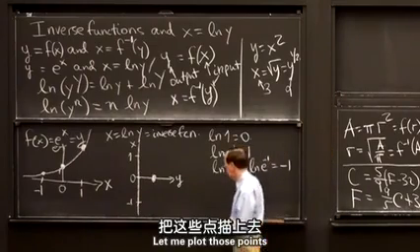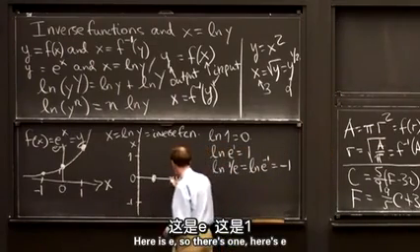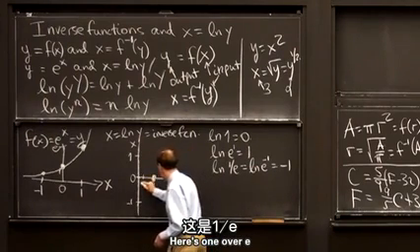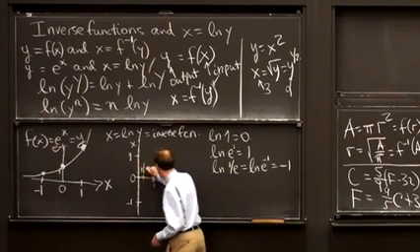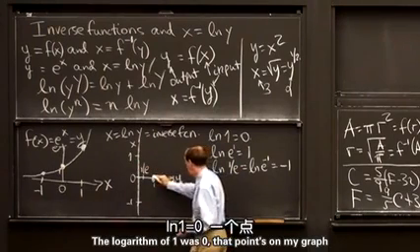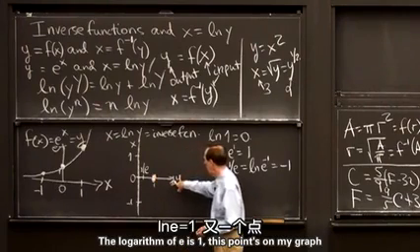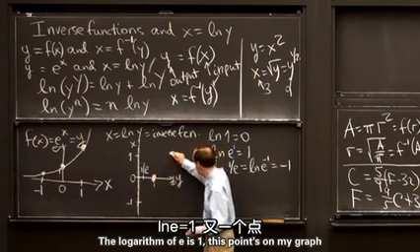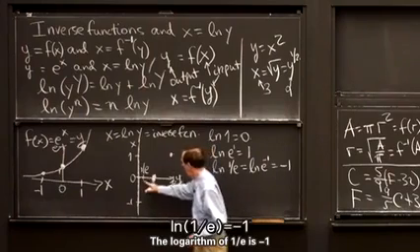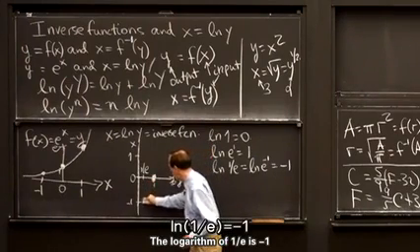Let me plot those points. Here is e. So there's 1. Here's e. Here's 1 over e. Okay, the logarithm of 1 was 0. That's a point on my graph. The logarithm of e is 1. This is a point on my graph. The logarithm of 1 over e is minus 1.